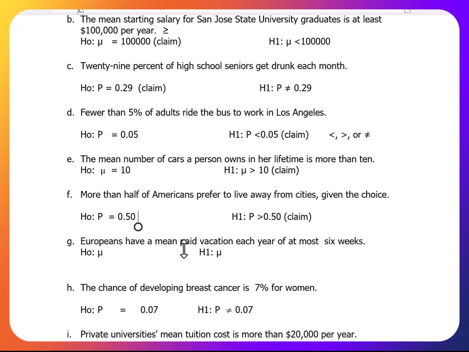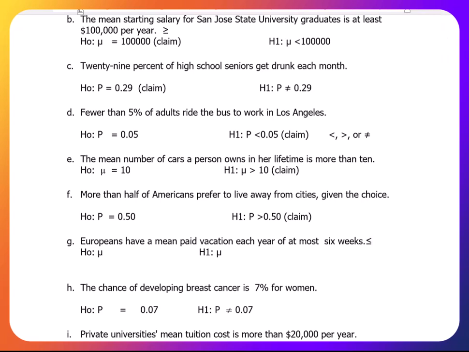Europeans have mean paid vacation each year for at most 6 weeks. Okay, at most, guys, means less than or equal. Let me just show you this simple, at most.